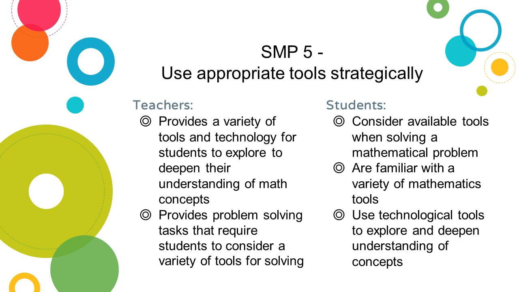We want them to become familiar with the variety of mathematical tools and to use them when it's appropriate to explore and deepen their understanding of concepts, and to make sound decisions about the use of specific tools.